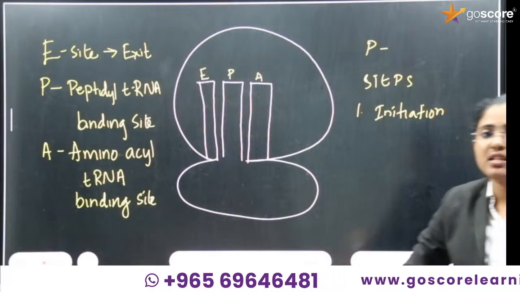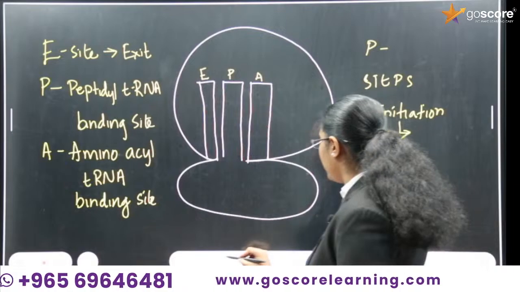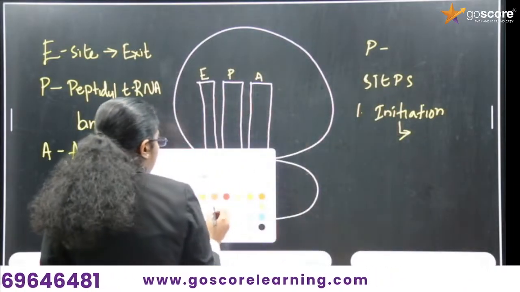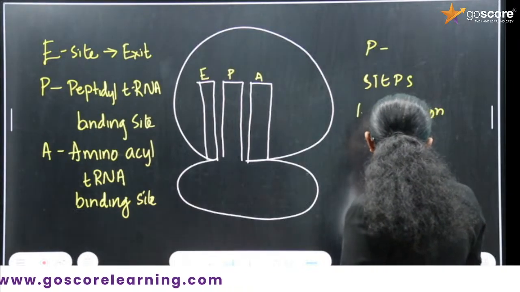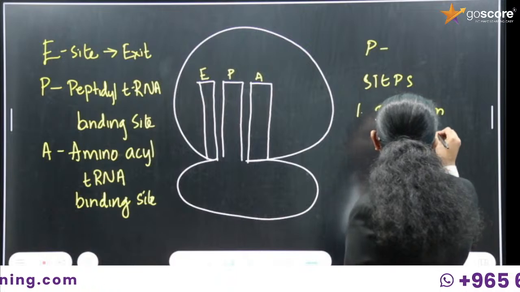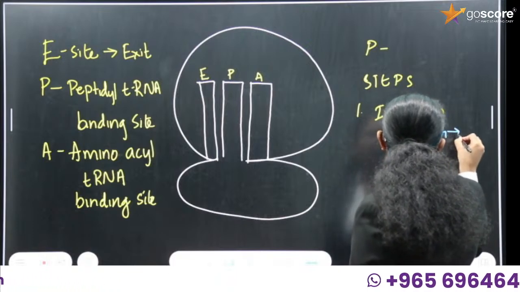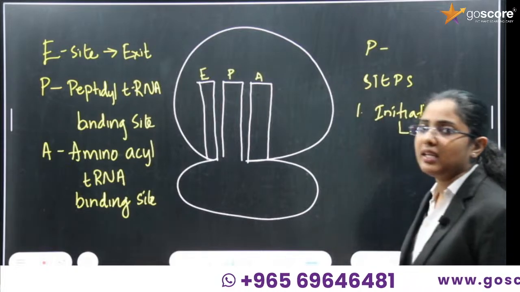In every initiation phase, what will be the amino acid present? The codon present is AUG, and it codes for which amino acid? Methionine. Okay, that is initiation.